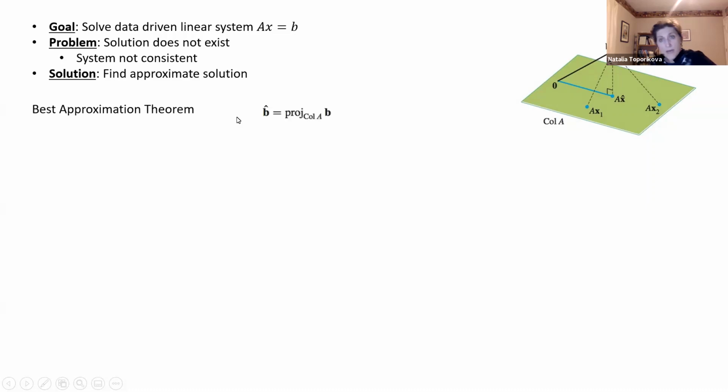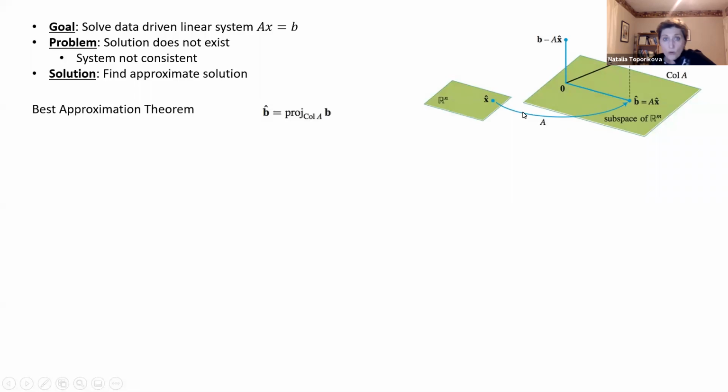Of course, the best approximation theorem offers us a vector like this. It tells us that if we would like to find the point closest to our vector b, that would be our projection, specifically the projection of our vector b onto the column space of A. All we need to do is replace our right-hand side with this projection vector, and we should be done.